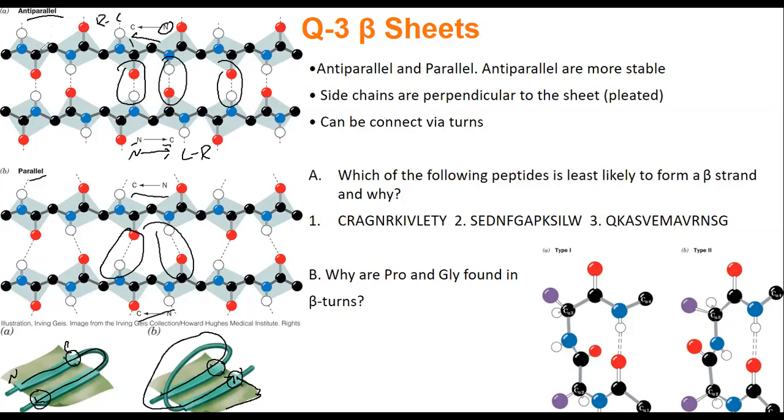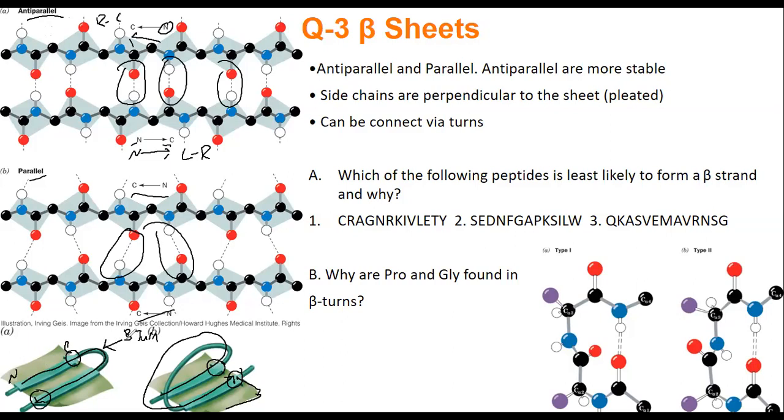The last thing to talk about with beta sheets is that these connections that connect different sheets are called turns. So we have a beta sheet, then we have a beta turn. This turn is what is connecting our different beta sheets.